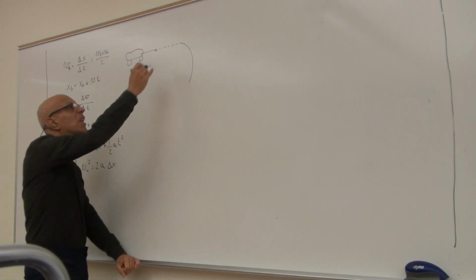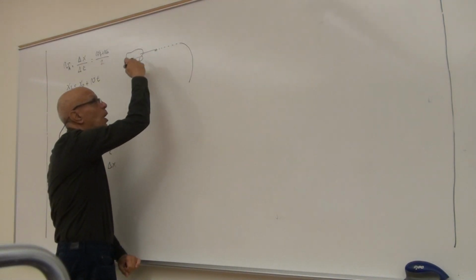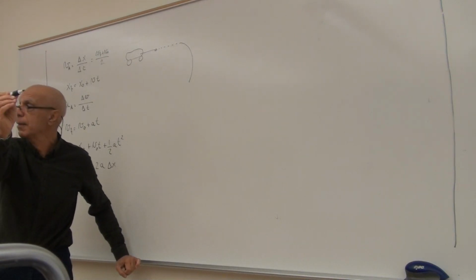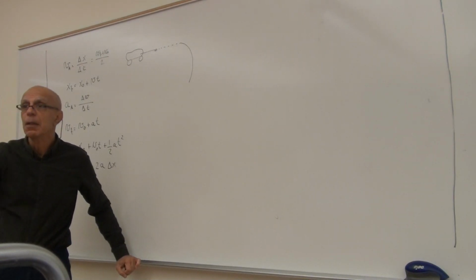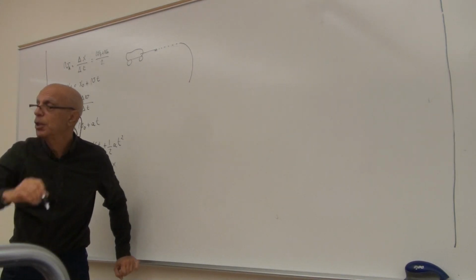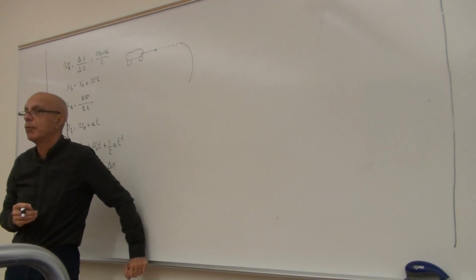I want the car, or any object, that's coming on a straight line, to change its direction on a curve. What do you think we need to do?